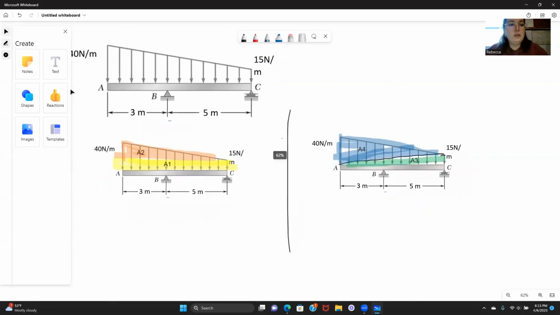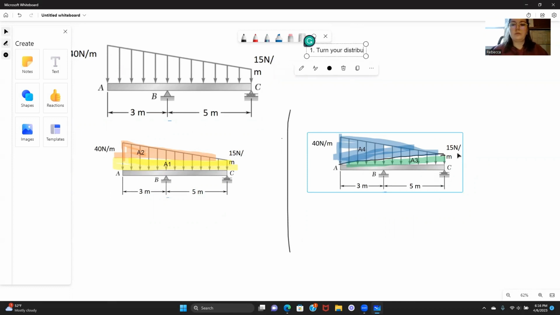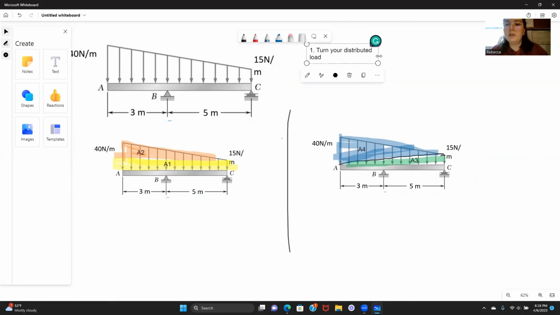Okay. So what do we want to do with our distributed load problem? The first thing you want to do is establish your distributed load's point force equivalent.